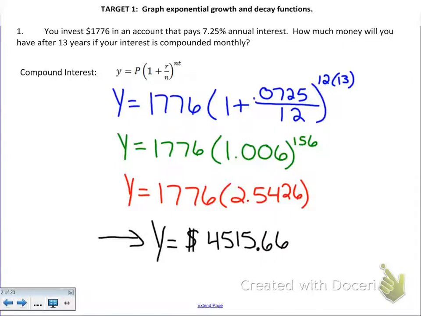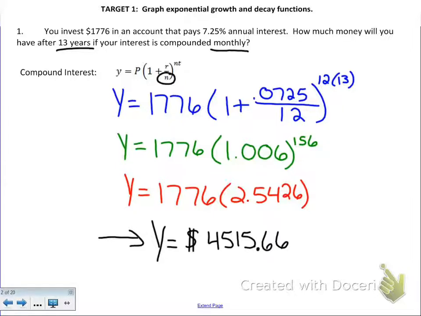Divided by, in our equation it says n. n means how many times a year it is being compounded. In this case, for this question, it was monthly, so that means our n is 12. Then in our exponent, it's n times t. So 12 for our n, and then our time is the 13 years we have our money in our account. So it's 12 times 13.